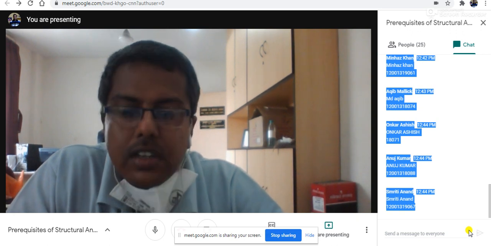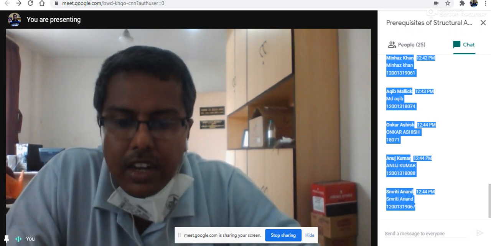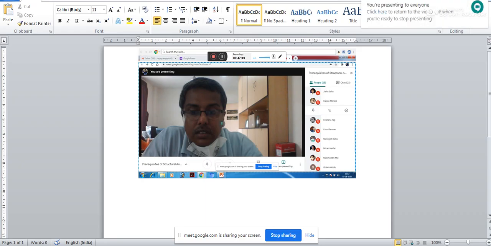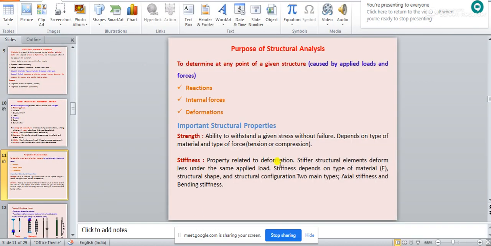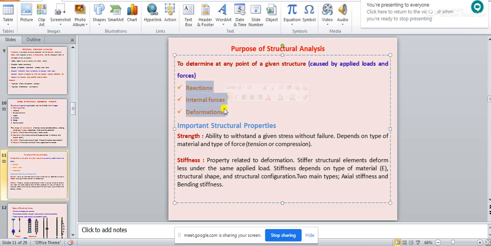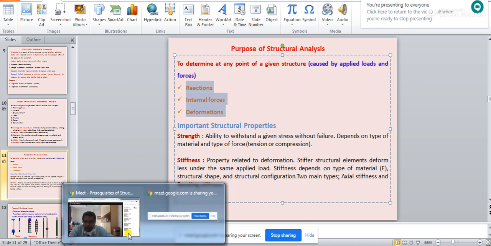Macaulay's method, the double integration method. Yes, absolutely correct. You will also be learning the moment area method. You will be learning more about these deformation calculations in this semester of structural analysis. Absolutely correct answer you have given: reactions, internal forces, and deformations we need to find out. Very good.